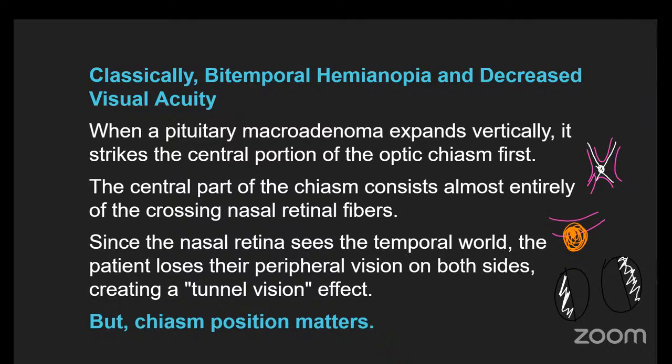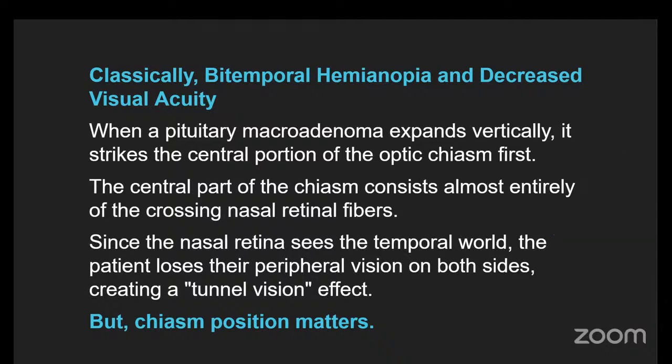The nasal retinal fibers are carrying the temporal field. This is the temporal field, the one that is in white. So when they are compressed, the patient loses both temporal fields. Hence, we see bitemporal hemianopia and decreased visual acuity. Are we clear till this? I think the only new thing would probably have been the nasal retinal fibers. Even that should not have been new. We are clear till this, right?